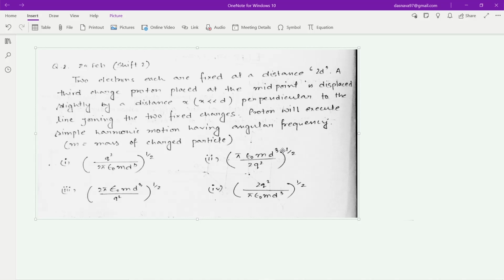The proton will execute simple harmonic motion, and we have to find its angular frequency, where m is the mass of the charged particle. Options are given. Now let's start.